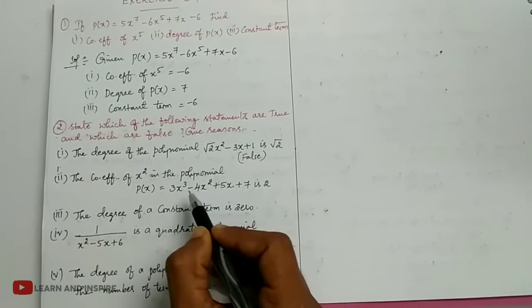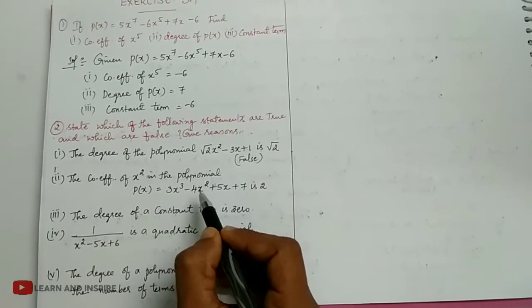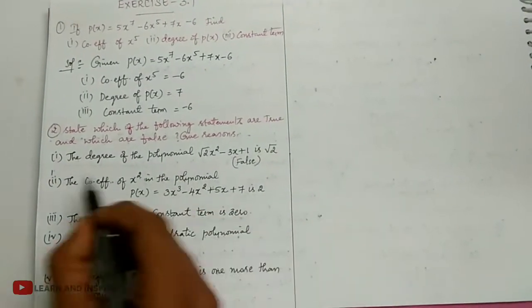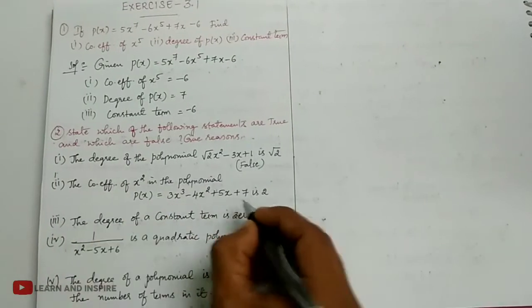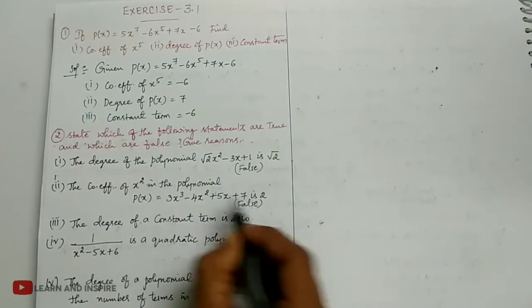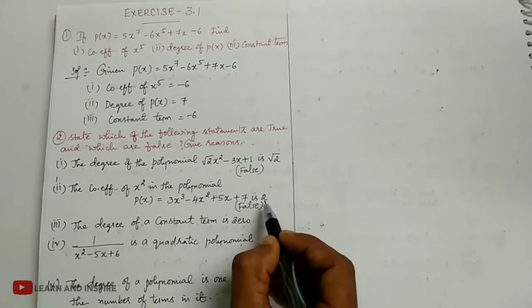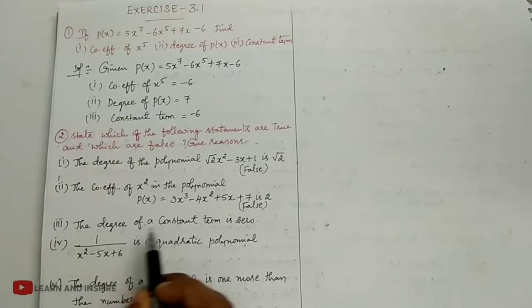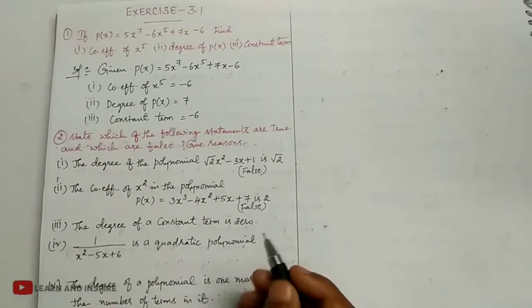That is minus 4. So minus 4 is the coefficient of x square, but here it is given as 2. So this statement is false, because the answer is minus 4.